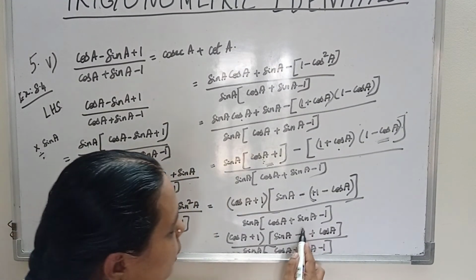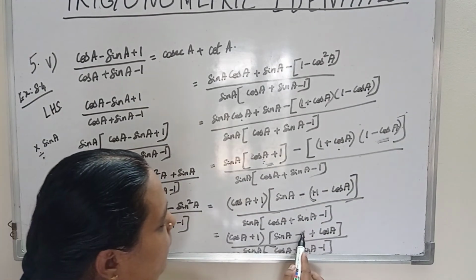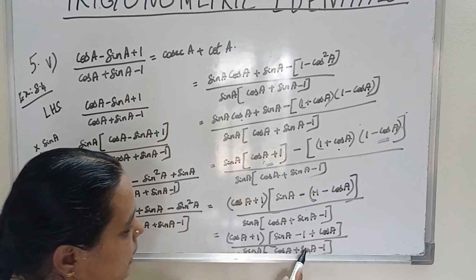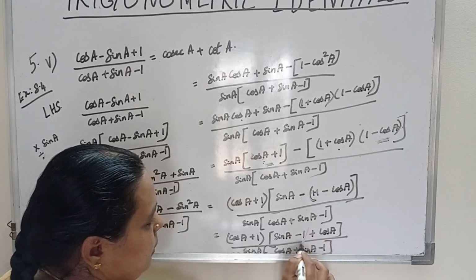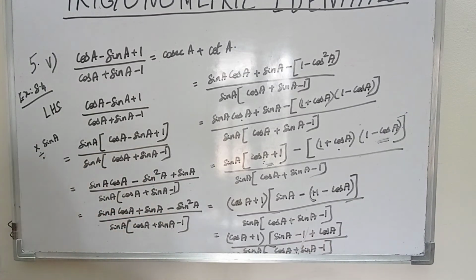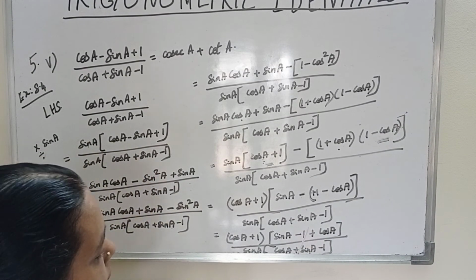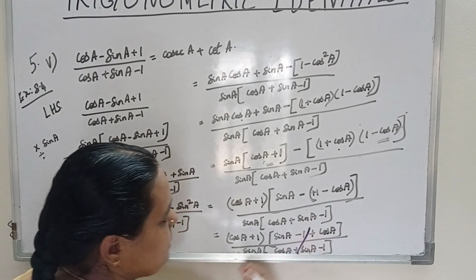So here both the numerator and denominator are equal, because sin A minus 1 plus cos A here and sin A minus 1 plus cos A, both get cancelled. Sin A minus 1 plus cos A and cos A plus sin A minus 1 are the same, so it gets cancelled.